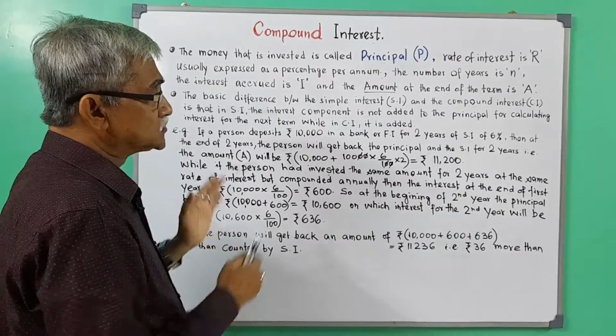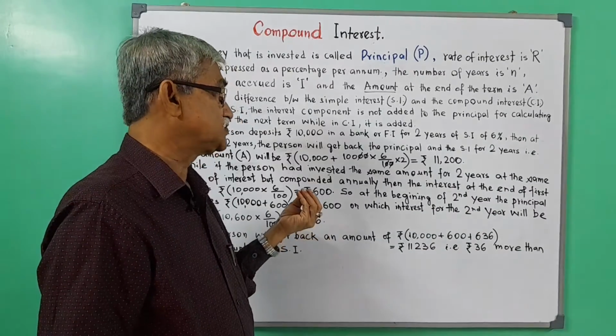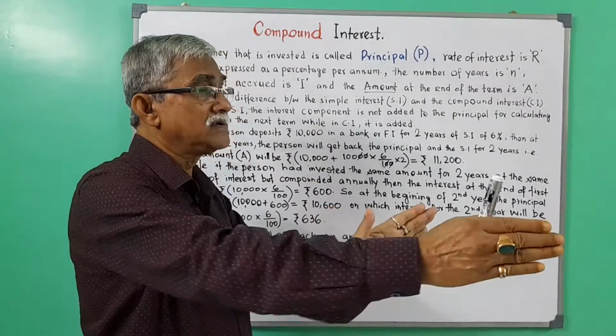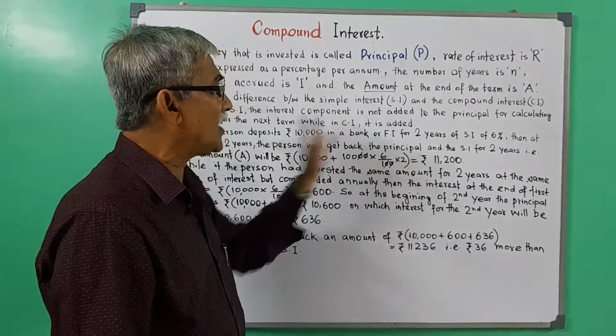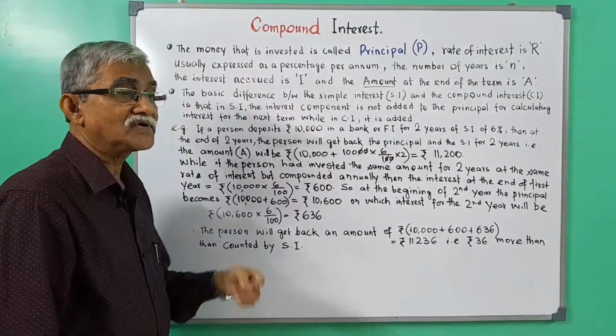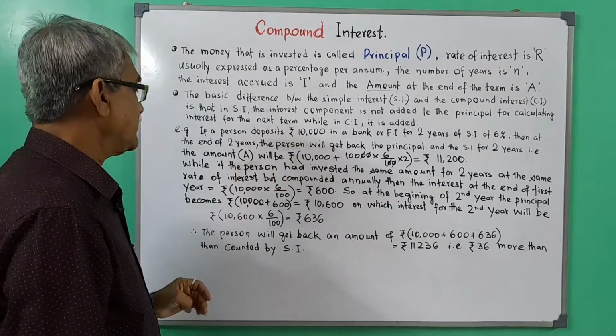You know, the interest component that is accrued at the end of each year will be kept in a separate header for the simple interest. It is not added to the principal sum for counting the interest for the second year. This is the SI.